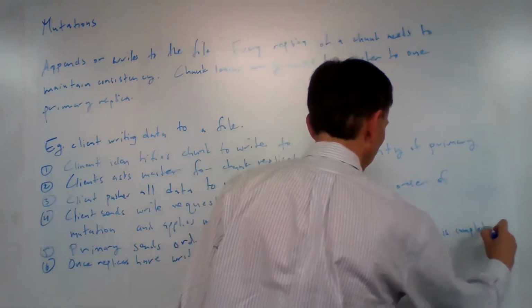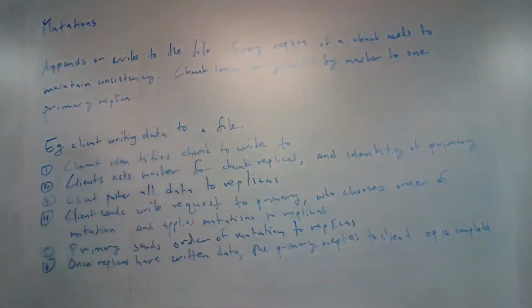So this is in the case where everything works, all right? The client pushes the data down to all the chunks, and then tells the primary chunk, I want to write this data. And then the primary chunk decides what order it's going to be written in, tells all the replicas, write this data that you just received in this order. All the replicas signal back to the primary, okay, I did that.